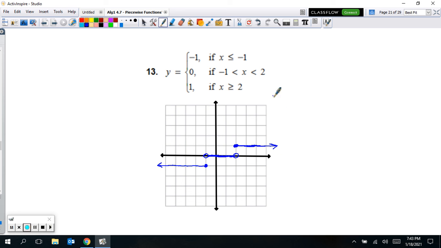Okay, and then we can do our domain for this one. It is all real numbers, because as we travel, it is at 2 or at negative 1 here, then it keeps going along, and it is going to pick it up right here at 2 and keeps going. So yeah, all real numbers. It's everywhere on the x-axis. And then for the range, where is it on the range? Well, it's only in 3 spots here, actually.